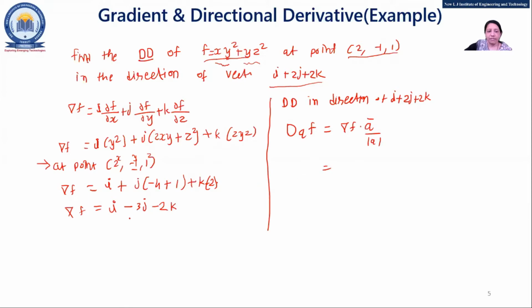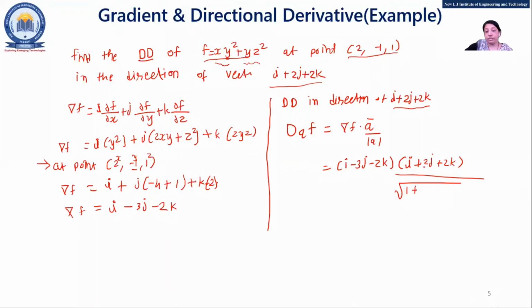So what is our del f? This is i minus 3j minus 2k, into a bar, that means in the direction of this vector, i plus 2j plus 2k upon mod a. Mod a is the square root of, the coefficient of i is 1, so it is 1.